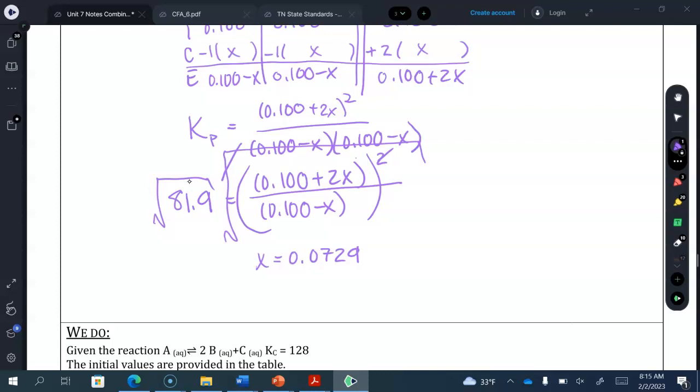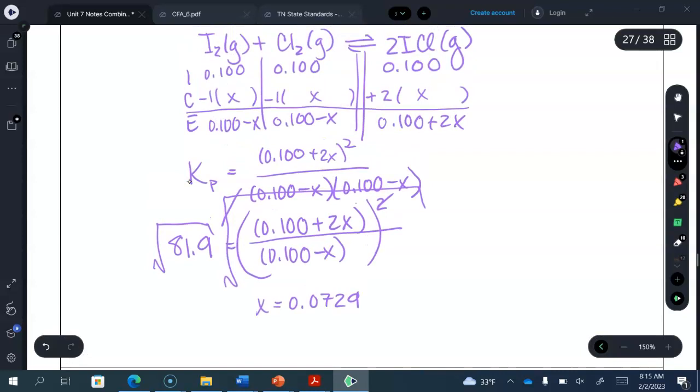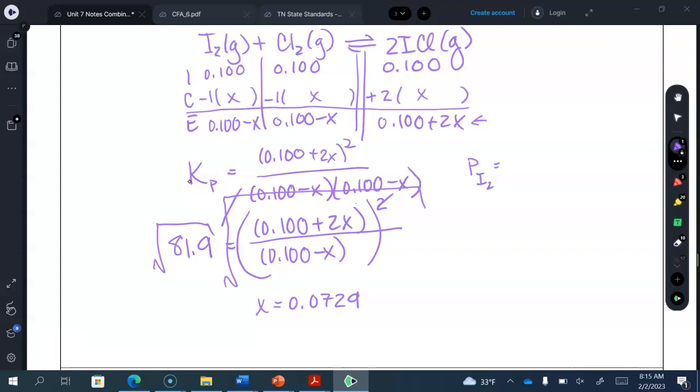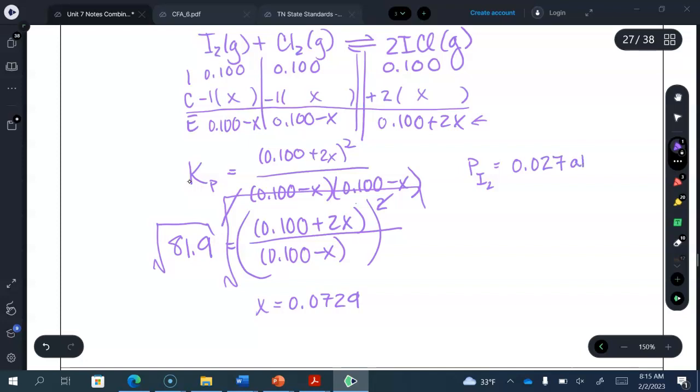So then using this, we're going to plug it into the equilibrium expressions up here. The first one we can do is the pressure of iodine gas at equilibrium, and we do 0.1 minus 0.0729, which is 0.027 atm. And then the pressure of chlorine gas, same thing, because it starts off the same.